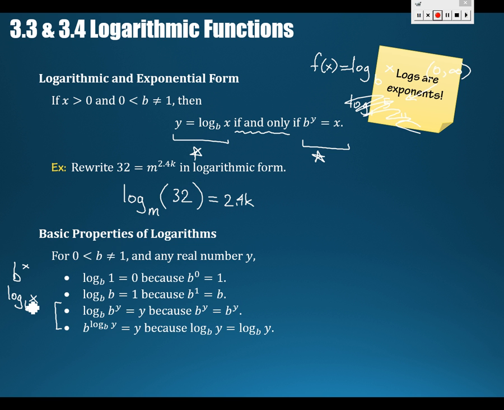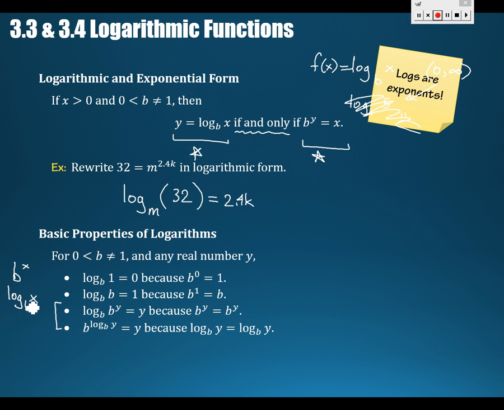Well, in both cases you'll get x, or here I have y, doesn't matter. That is, if you put b to the y into log base b, you just recover y, don't you? And down here, same thing. If you put log base b of y into b to the whatever, then you recover y.